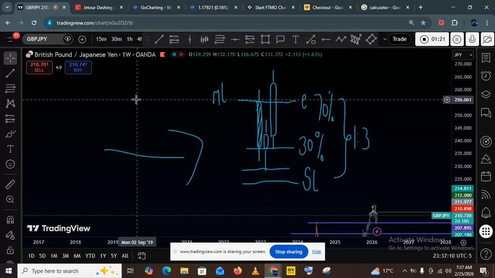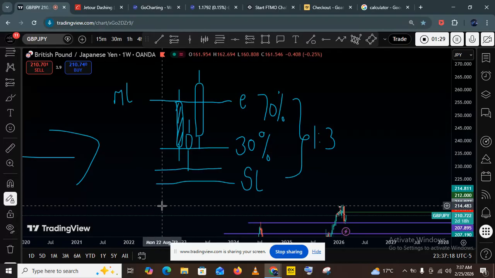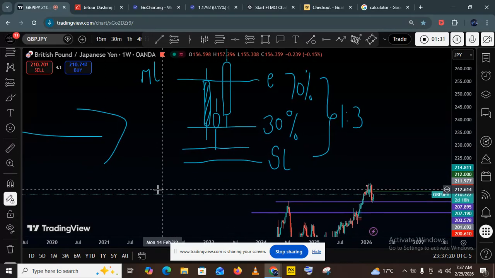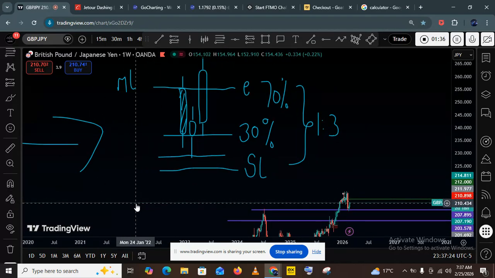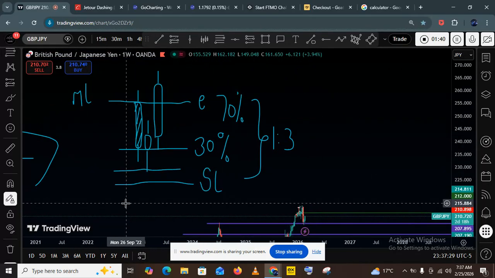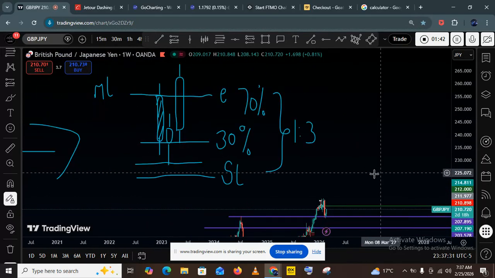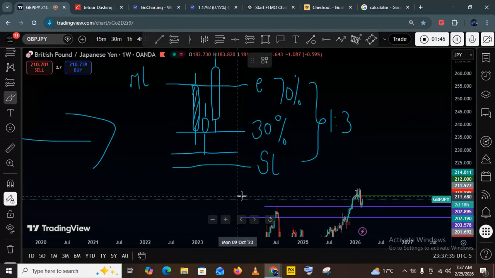Okay. Now, we are also looking at this when the moving averages are just confirming your direction. Let me show you. When you have this moving average, something like this, let me show you. Okay.